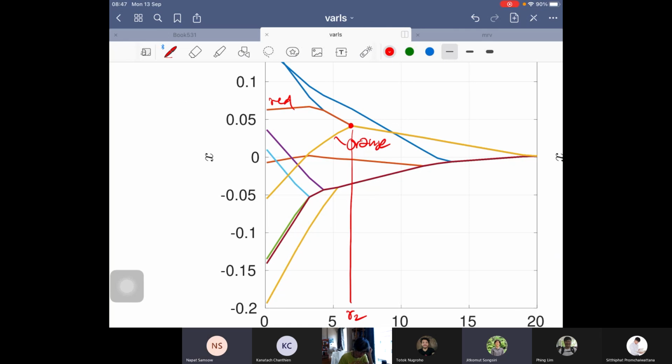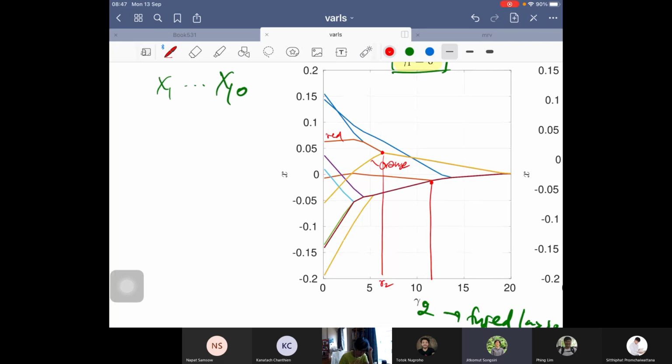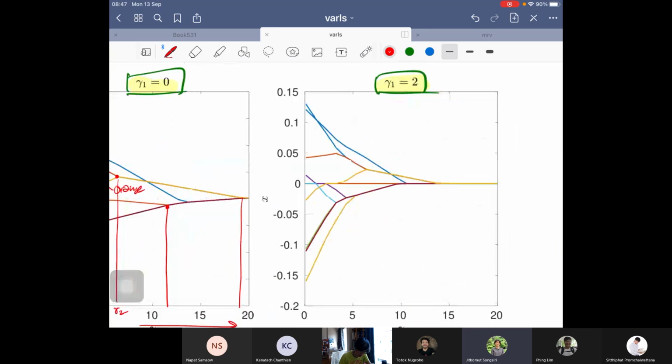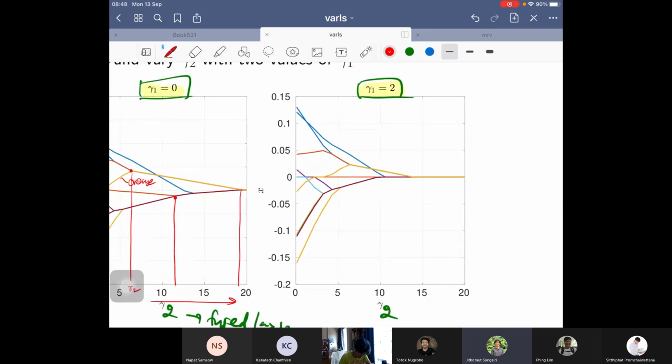What about another pair? Red and purple at this point, right? Very good. As you vary gamma, many pairs of variables become equal. This picture is the case of gamma 2 equals 2 and gamma 1 equals 2.